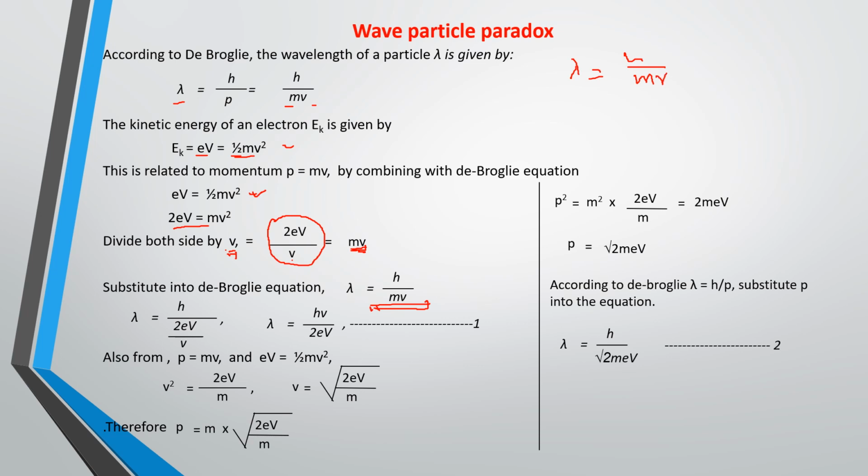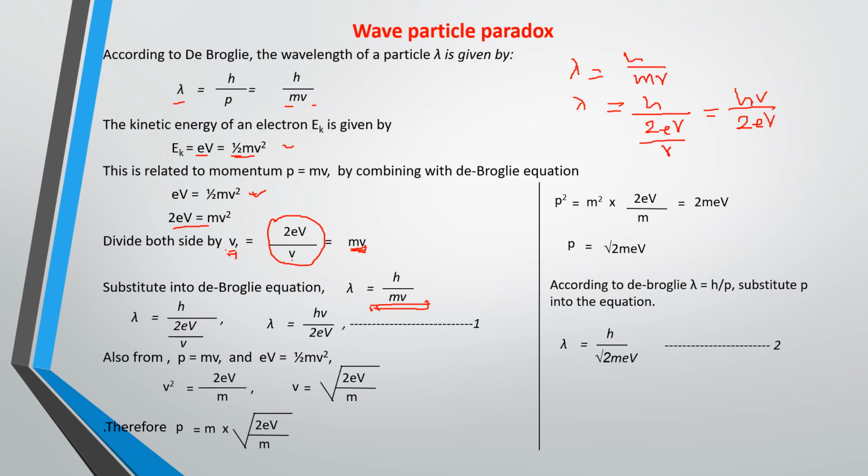So if I substitute mv equals 2eV all over v, I'll have that lambda is equal to h all over 2eV all over v. I can also write this as hv all over 2eV, electron volts.